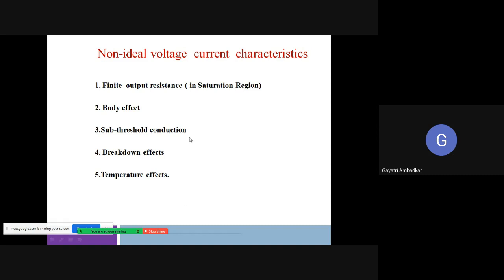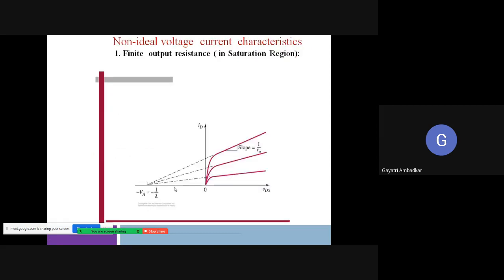The non-ideal characteristics are finite output resistance, body effect, subthreshold conduction, breakdown effects, and temperature effect. These are the five main non-ideal characteristics of MOSFET that we have to explain.